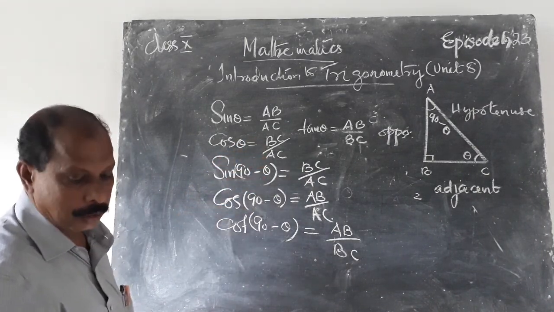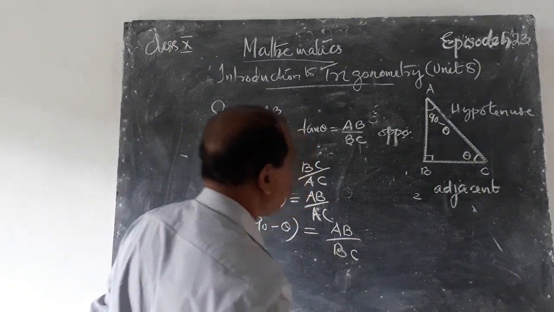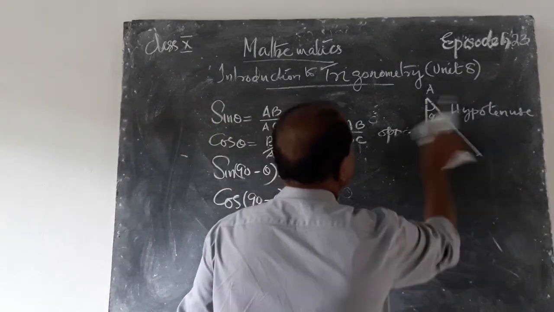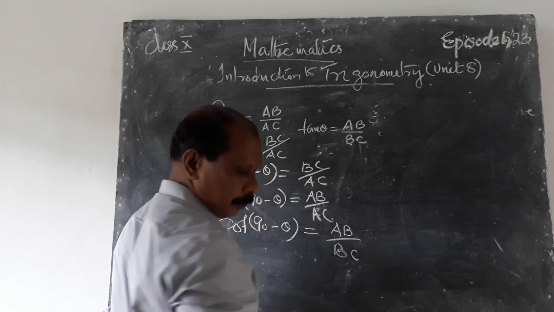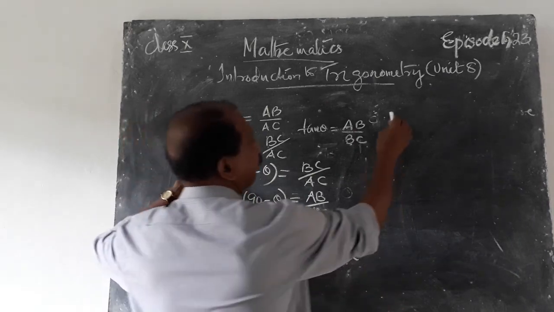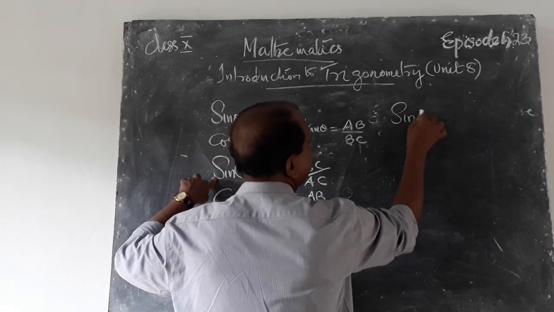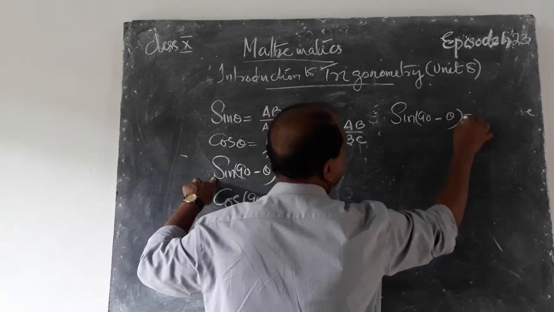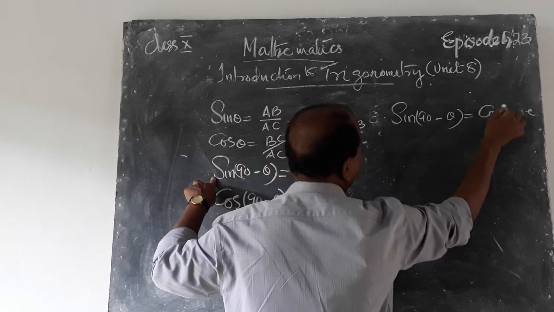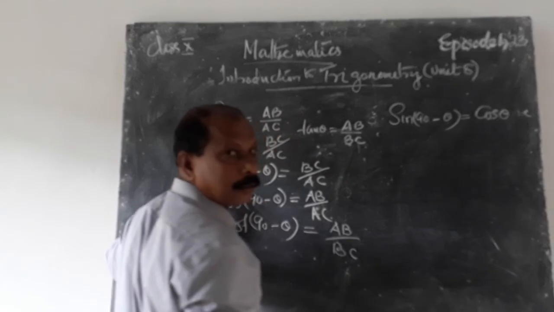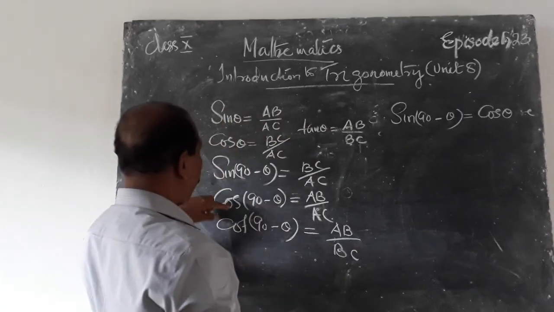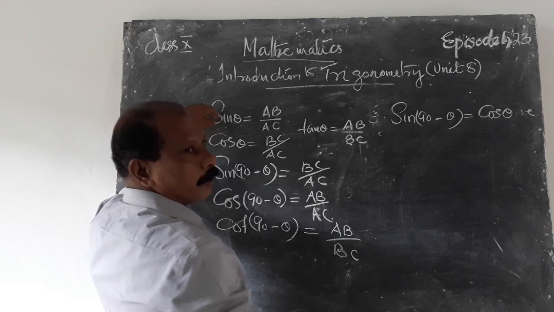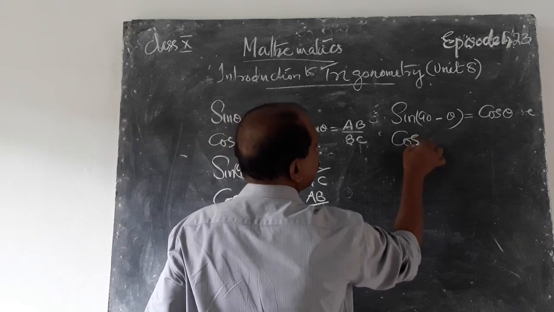Therefore, what are the results? Sin 90 minus theta is equal to cos theta. Cos 90 minus theta is equal to sin theta.